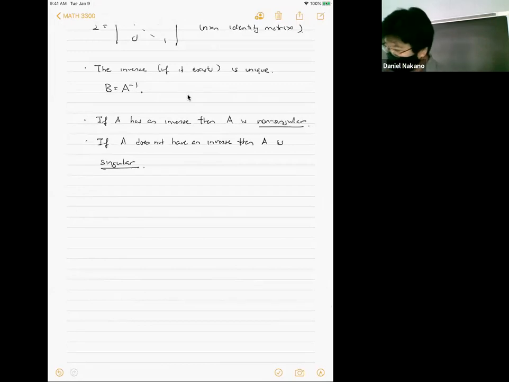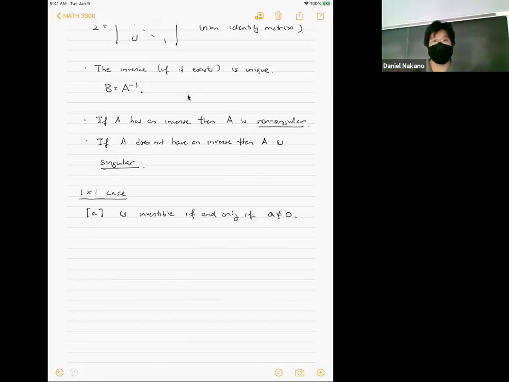So we have the following. In the 1-by-1 case, we looked at invertible matrices. Let's call this matrix A. This is invertible if and only if A is not 0.